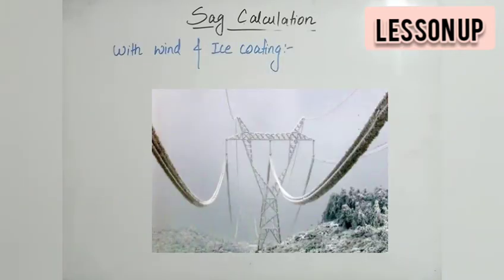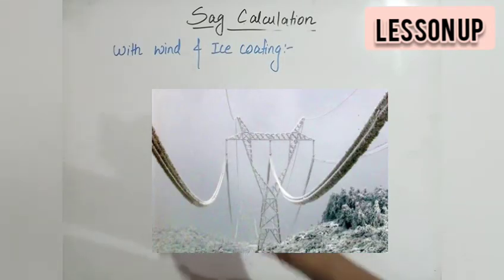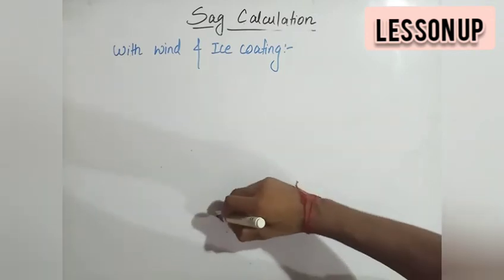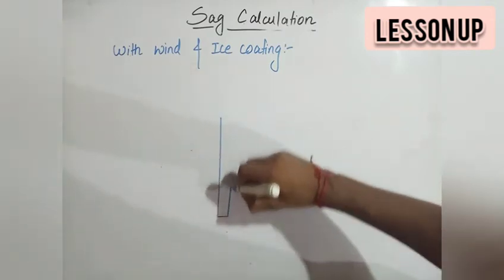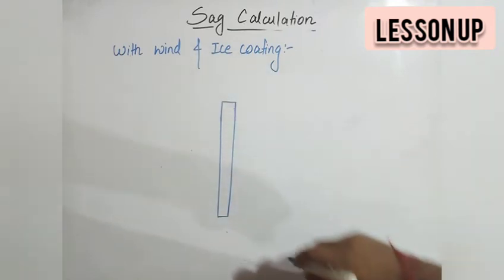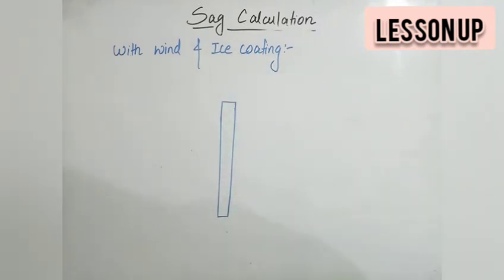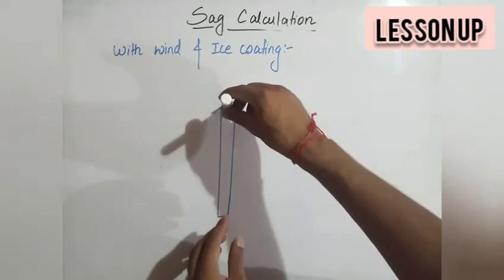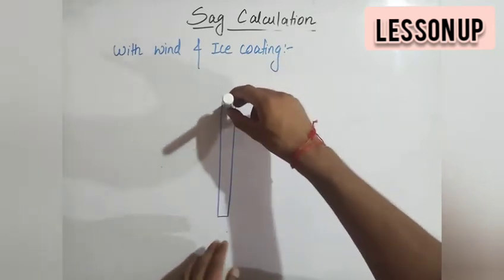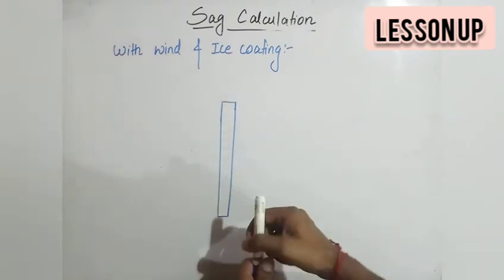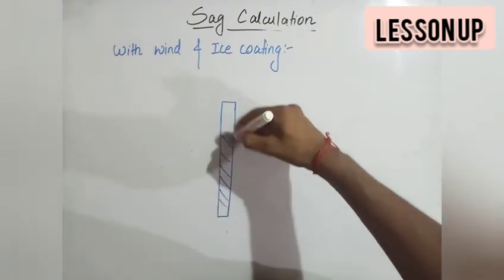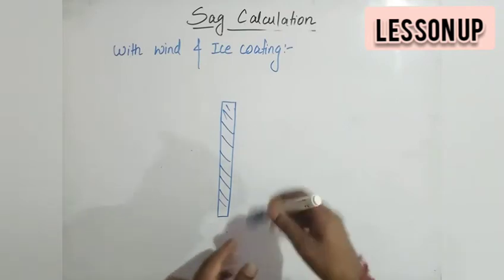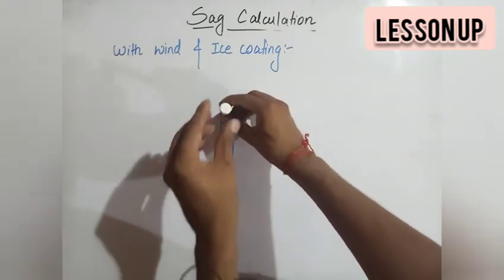Now next is with wind and ice coating. Suppose this is a support for a conductor. Now in hilly areas, conductors are subjected to crosswind and ice coating. So suppose this is the conductor in this direction, and this is the support.